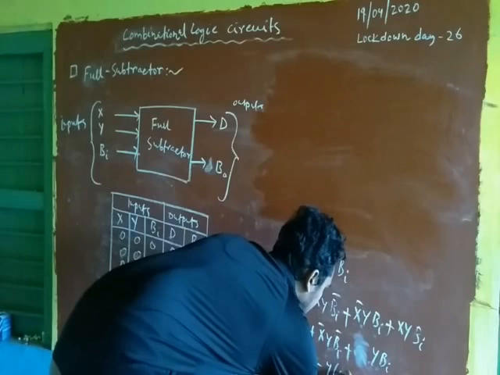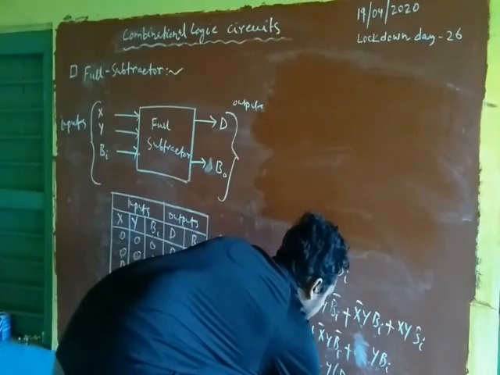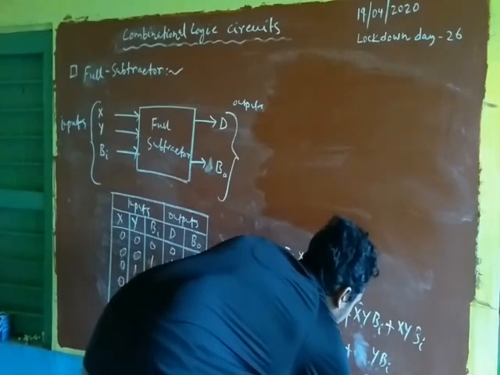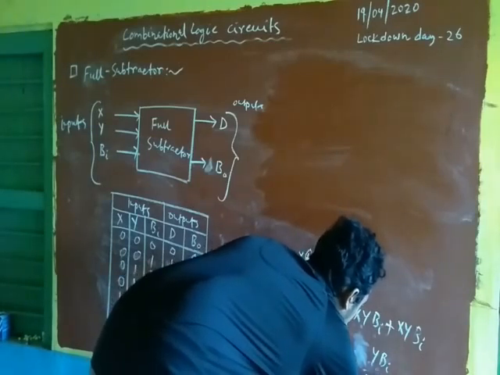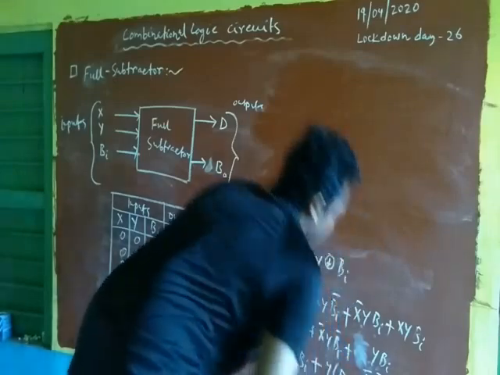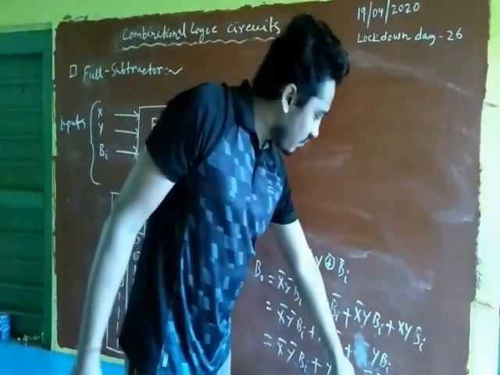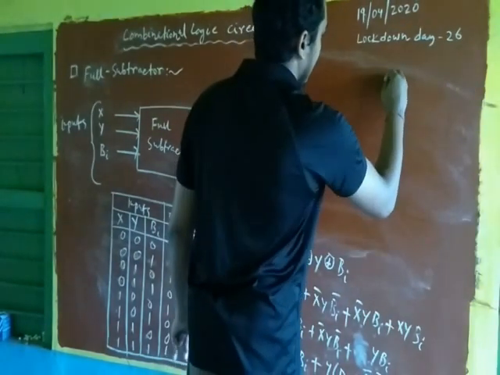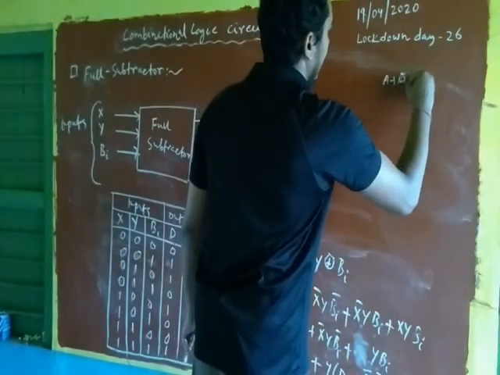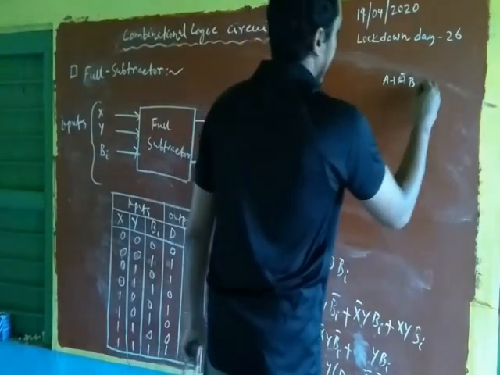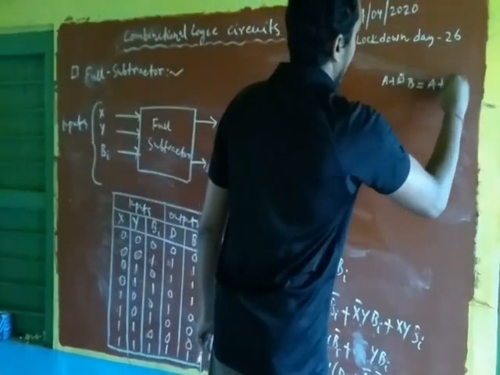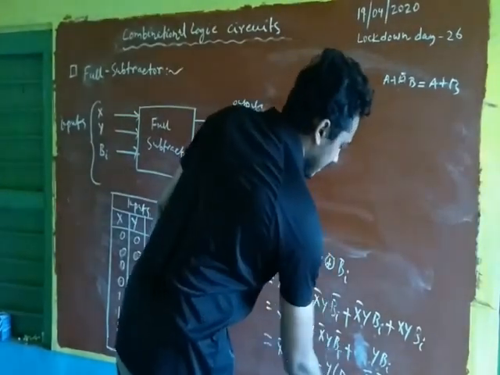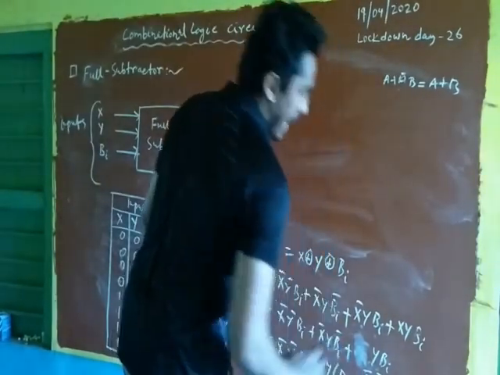So it is coming bi plus bi bar x bar. Okay, so bi plus bi bar x bar. We will try to compare here that a plus a bar b, one of the absorption laws, that is a plus b. Now if you compare this one with this one, this expression we will get, that is bi plus x bar.